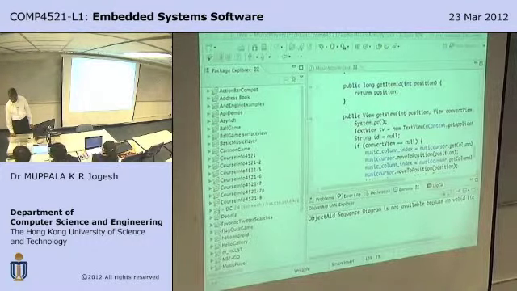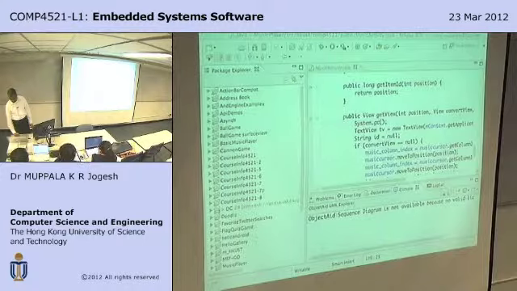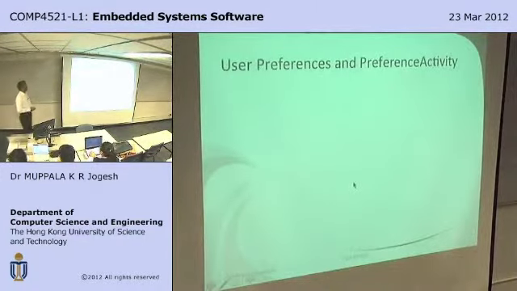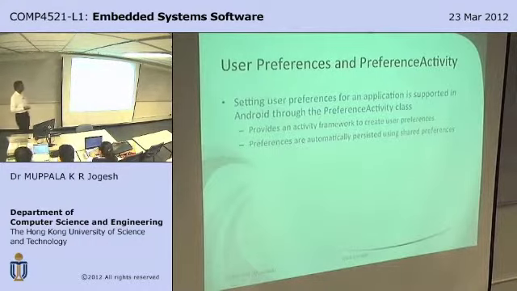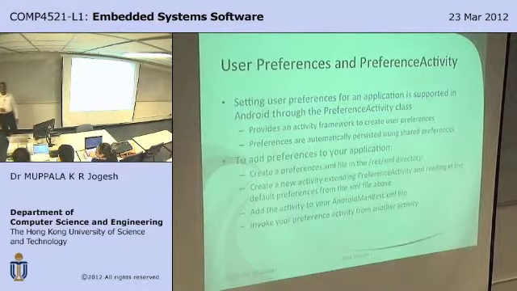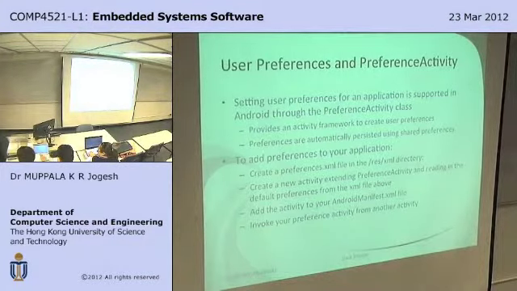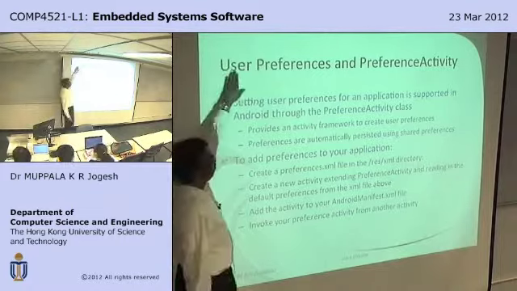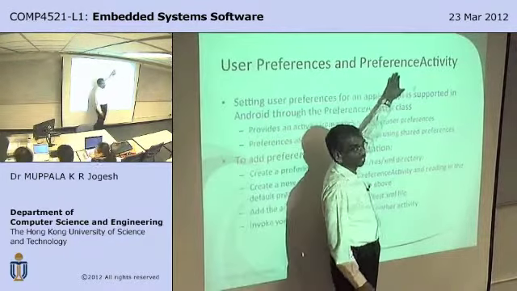So everybody understands shared preferences, right? Now, one of the places where you would make use of shared preferences is for storing preferences like settings for your application. And in order to support you to develop settings for your application and so on, the Android framework provides you with this thing called user preferences and the preference activity.